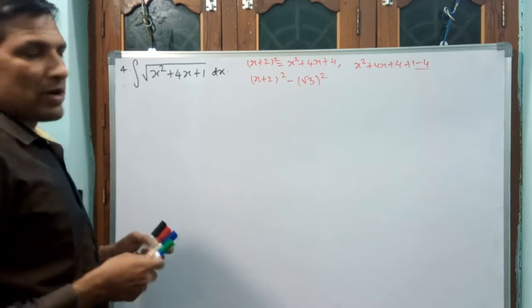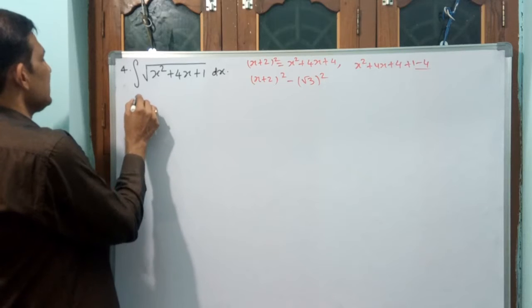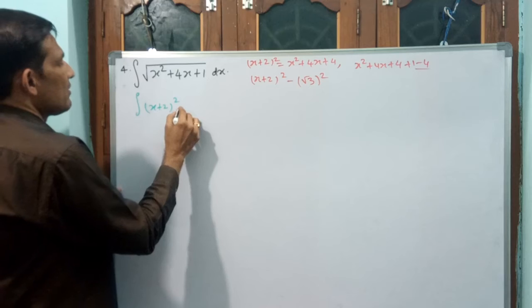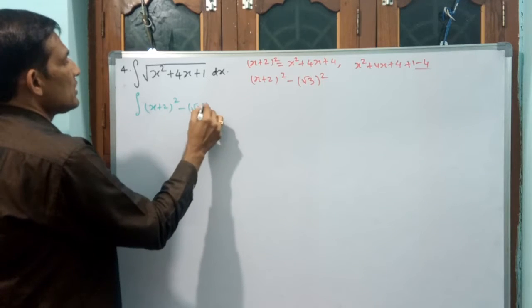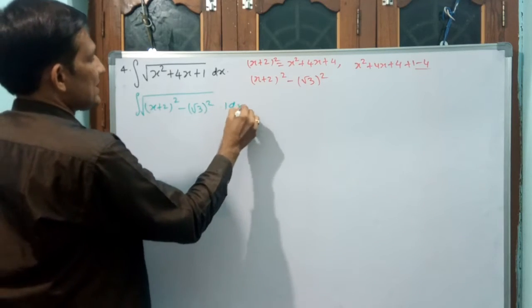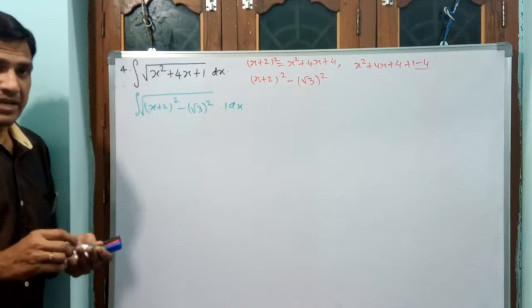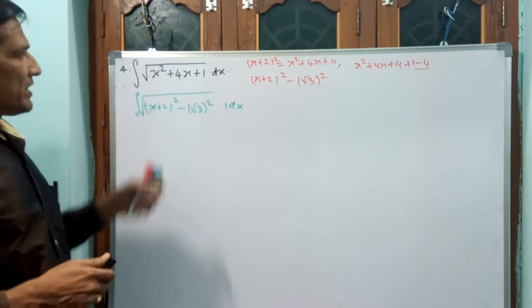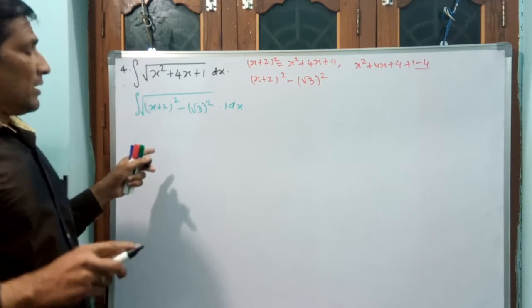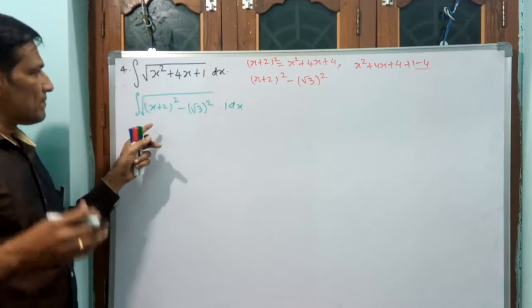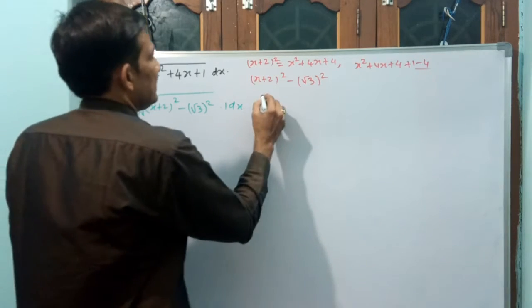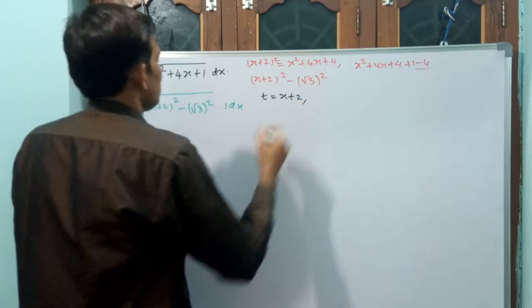Now see what we are going to do. Integral of square root of x plus 2 whole square minus root 3 whole square, into 1 dx; you must write the 1 dx. Now observe carefully. I am going to take x plus 2 as t, so let t is equal to x plus 2.